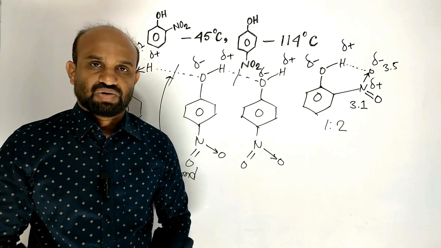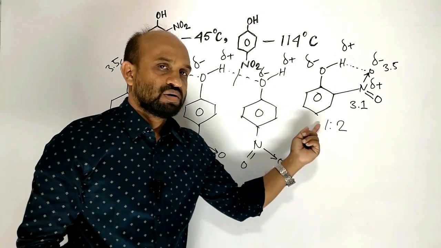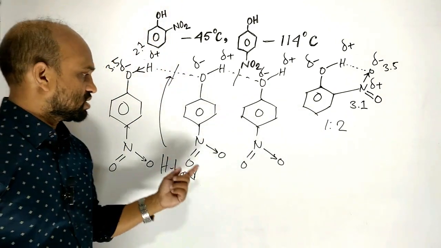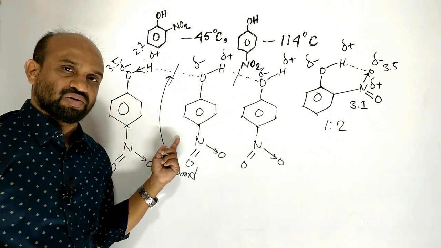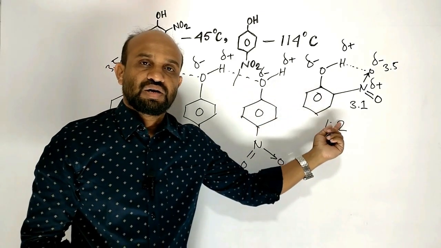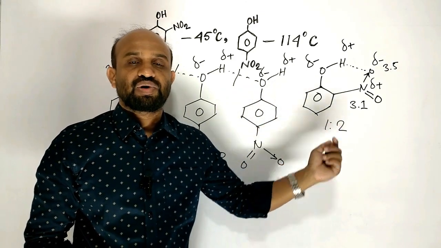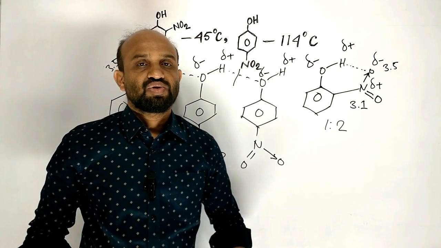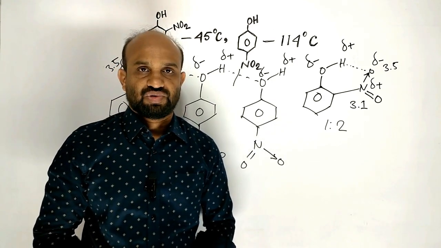For orthonitrophenol, there is no strong attraction among the molecules like paranitrophenol. Here, in the case of orthonitrophenol, only a very weak intermolecular attraction force is present, which is van der Waals attraction force.